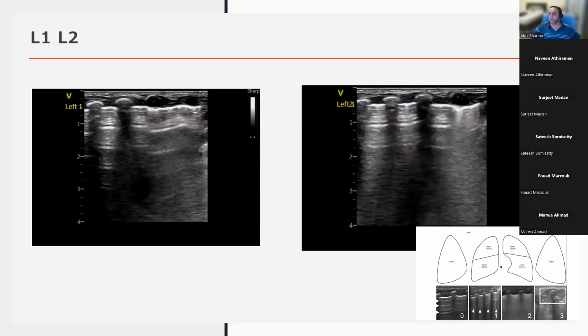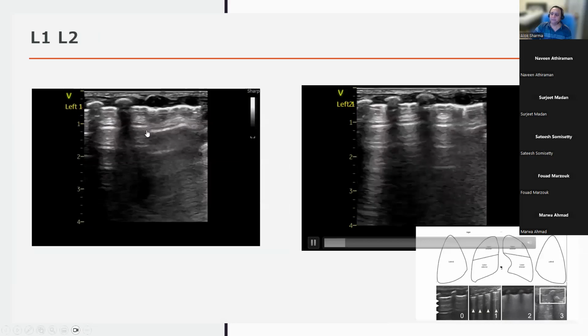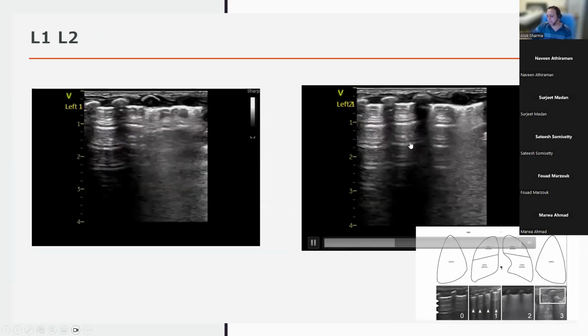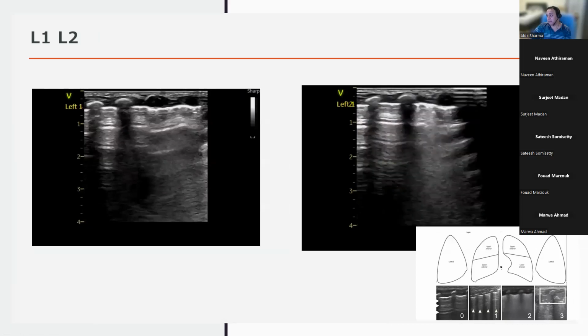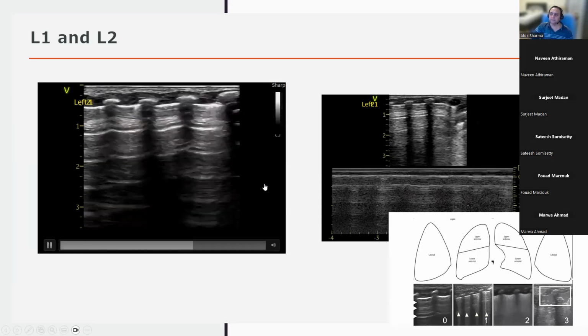In the lower area, we can see B profile, and in the upper area, there's A profile. So again, it is a double lung point. The right lung is better than the left lung. Now this is the lateral view, actually L3. What do we think?